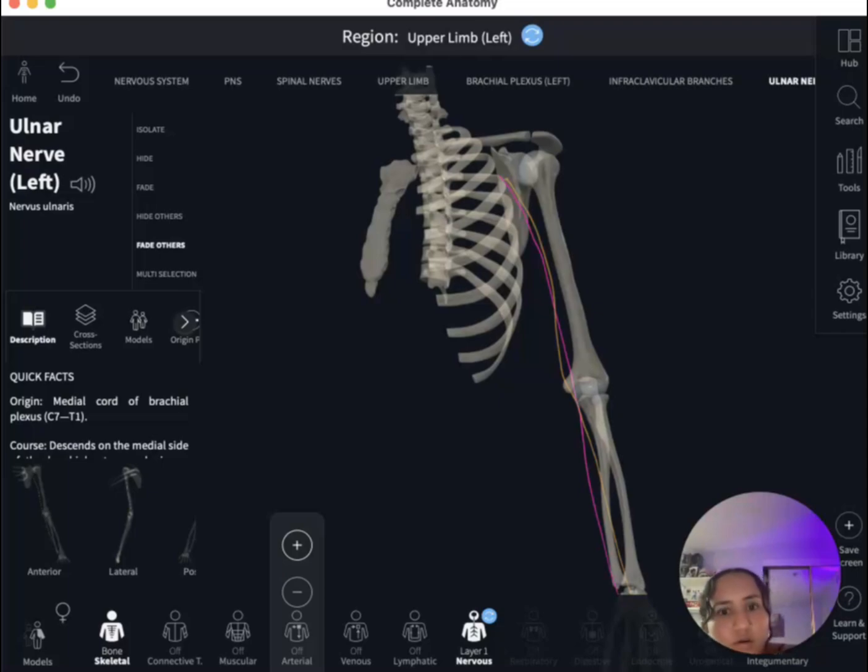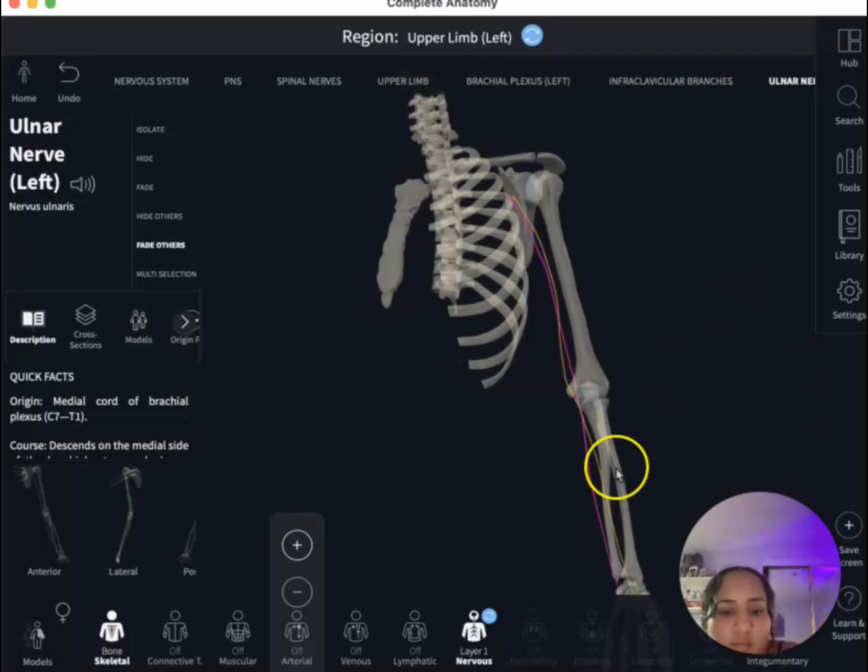The insertion for this is the pisiform, or the hook of the hamate, which are some of the little bones in the hand, and then the palmar aspect of the base of the fifth metacarpal bone. The action for this muscle is that it flexes and adducts the hand at the radiocarpal joint, or at the wrist joint.